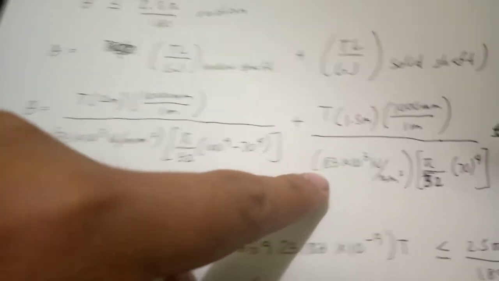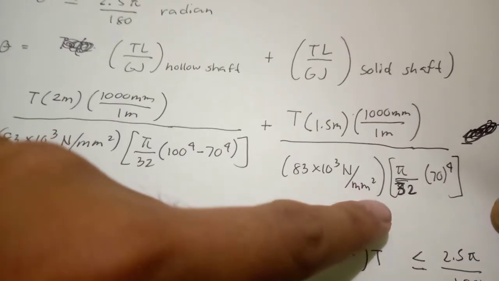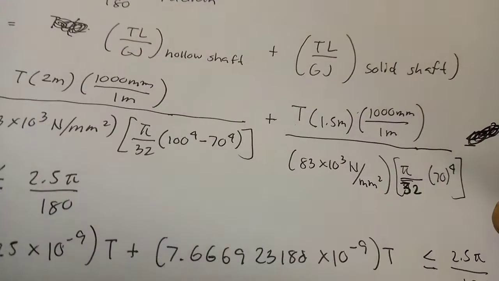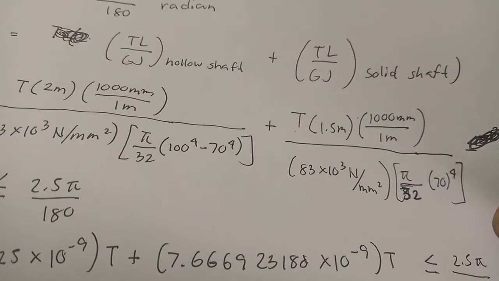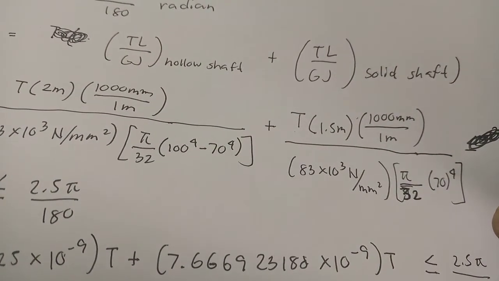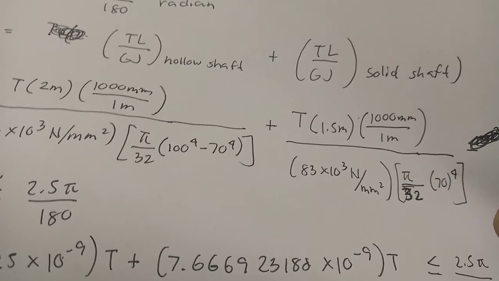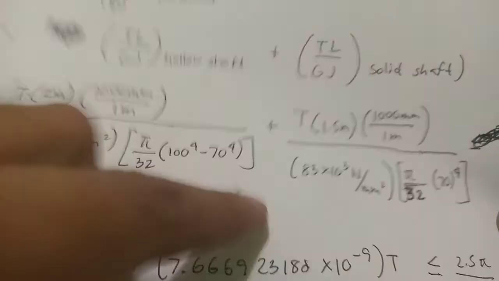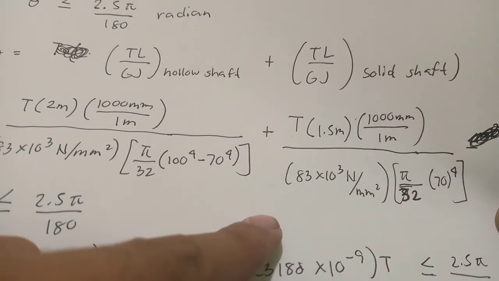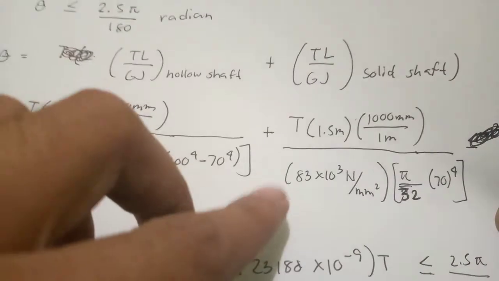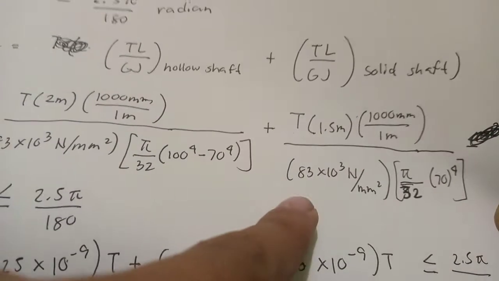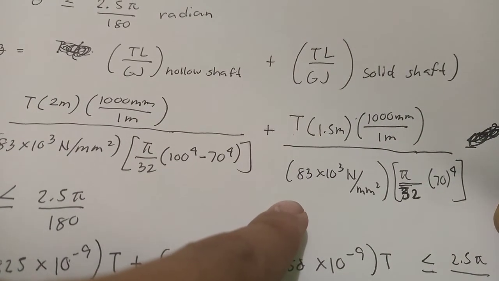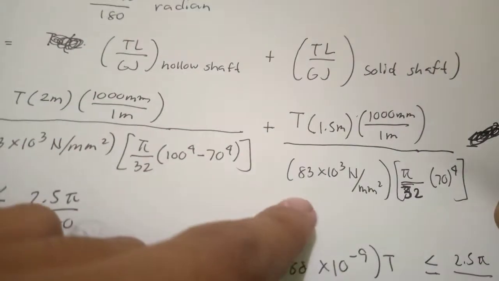And this is the formula of J for a solid shaft.